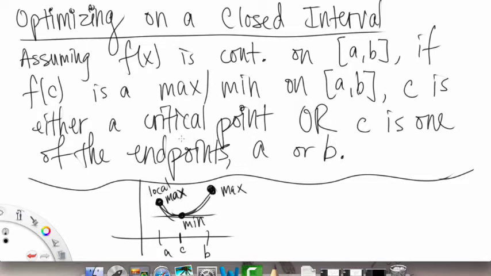Anyways, let's figure out the real, definite, concrete steps to find your minimum or maximum.